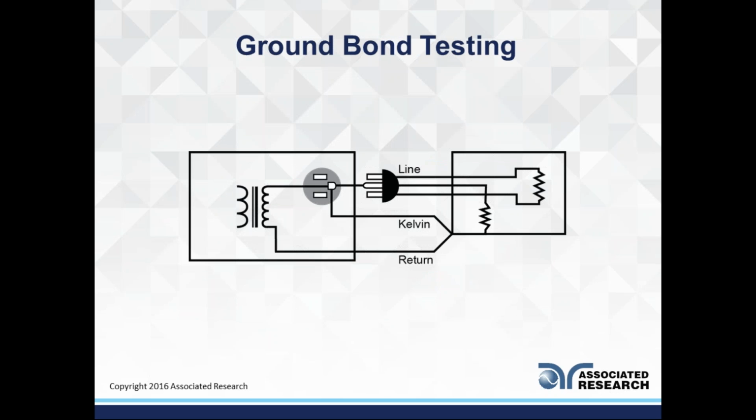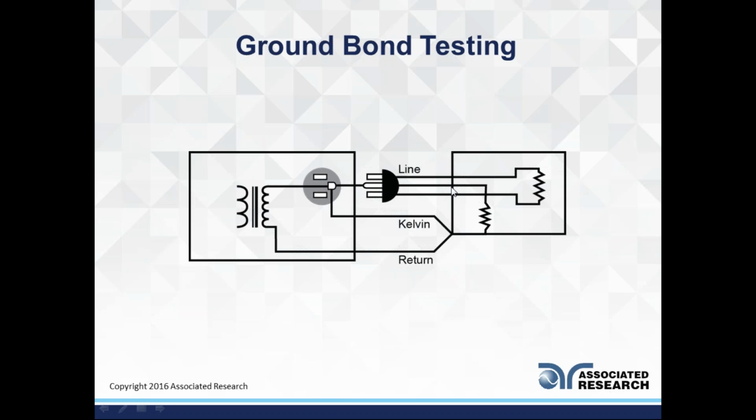So here's your ground bond test internally. Here's our current source. We are connecting that current source. We can assume this is an adapter box, or you can visualize this as your connection, your connector to your ground pin.